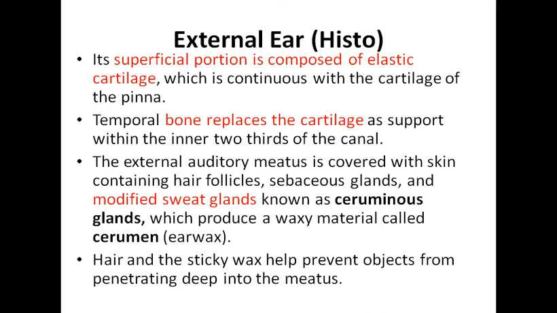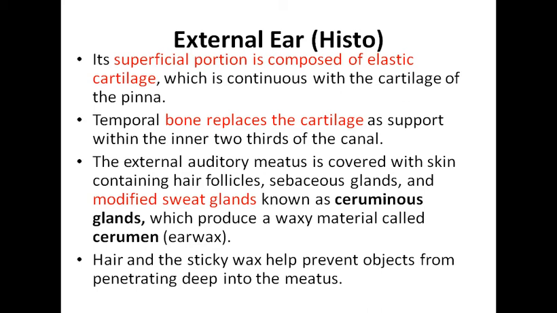So this is one and the same thing. The temporal bone replaces the cartilage as support within the inner two-thirds of canal. This we have already discussed that inner two-thirds जो bony content है वो temporal bone से ही आ रही है. ठीक है.